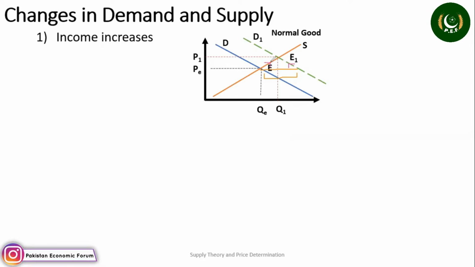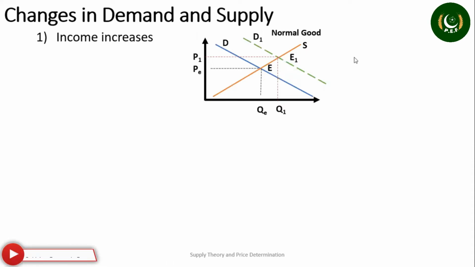An increase in the price level will increase the quantity supplied, so we will move along the supply curve. It will decrease the quantity demanded, so we will also move along the demand curve but in the opposite direction until we reach a point marked as E1, where the quantity demanded is equal to quantity supplied.